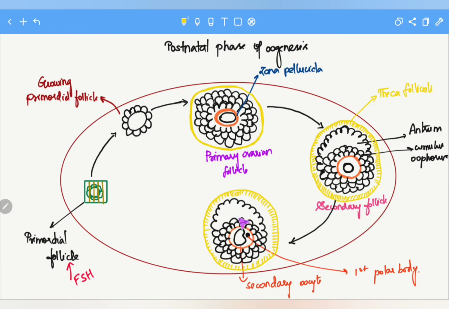The mature secondary follicle also has a fluid-filled cavity called the antrum, and it is also surrounded by thicker theca folliculi. The layer of specialized connective tissue close to the cuboidal cells is called theca interna, and away from that is called theca externa. This fully matured secondary follicle along with the secondary oocyte is called the Graafian follicle.